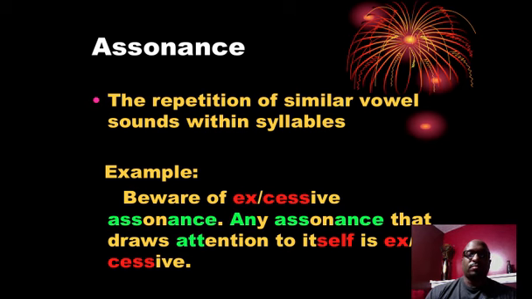Here you have the color-coded letters that have the repeating similar vowel sounds. So here where it says attention to itself is excessive, those would be examples of assonance. All right. So let's look at a couple more.